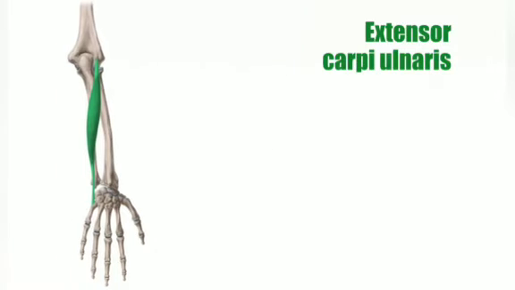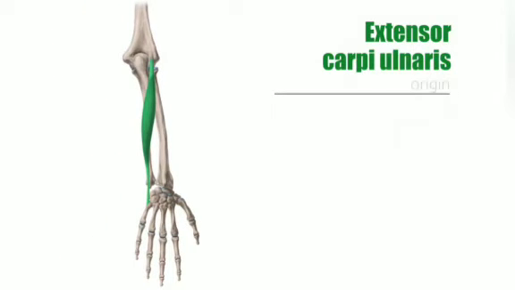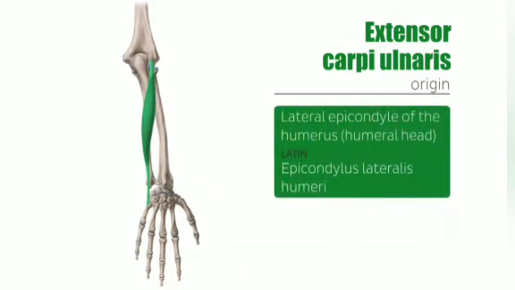In terms of origin, we're going to look at two origin points for this muscle. One is coming from the common tendon originating at the lateral epicondyle of the humerus. We will say that this is a humeral head for the extensor carpi ulnaris.